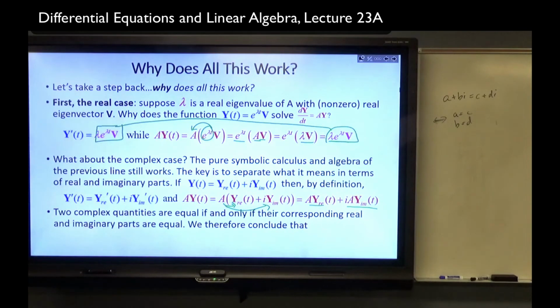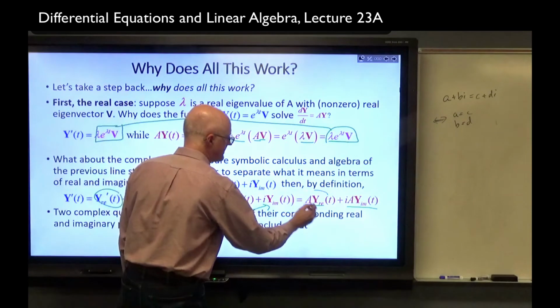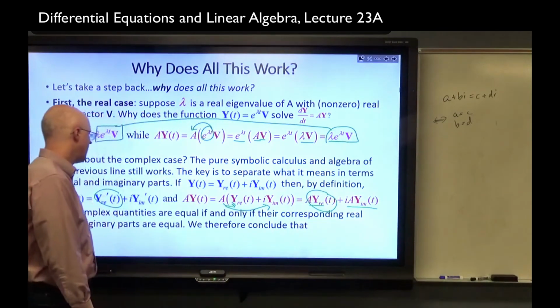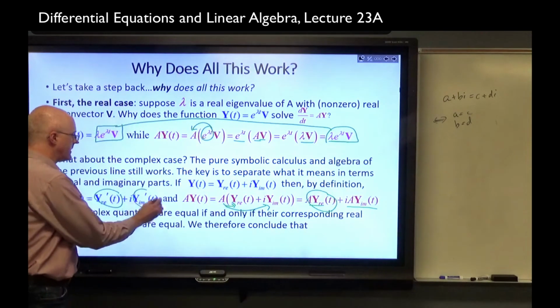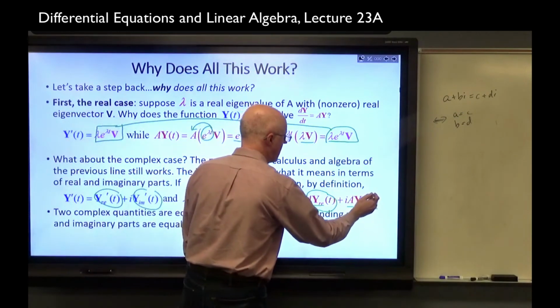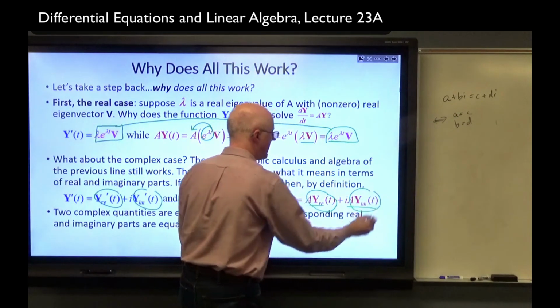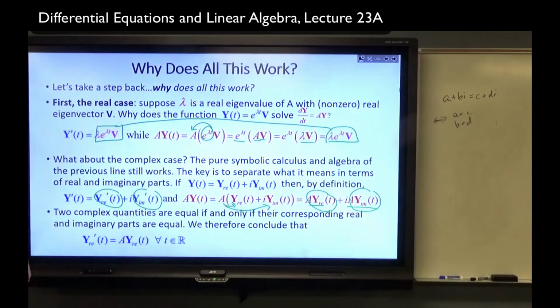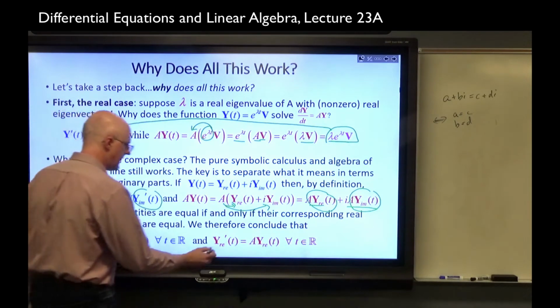We therefore conclude that Y real prime equals A times Y real of t, and Y imaginary prime, since it's next to the i, is A times Y imaginary of t for all t. And there's a typo there. I forgot to change this to the imaginary parts there.